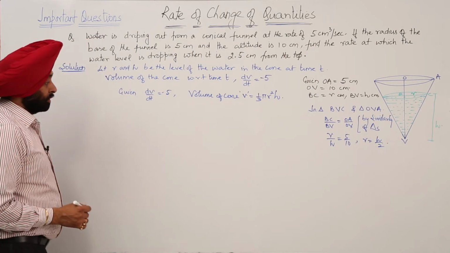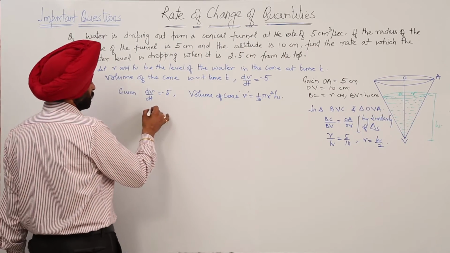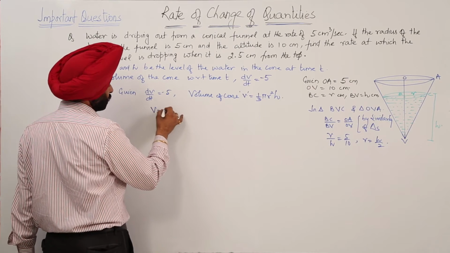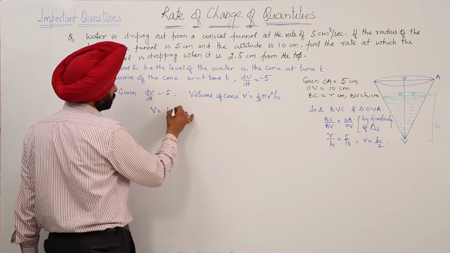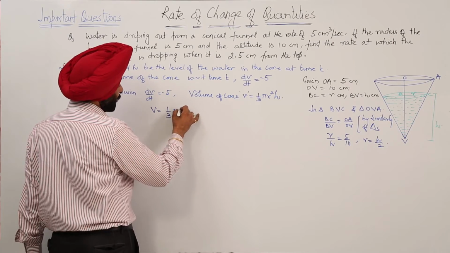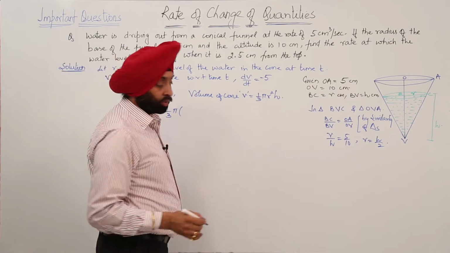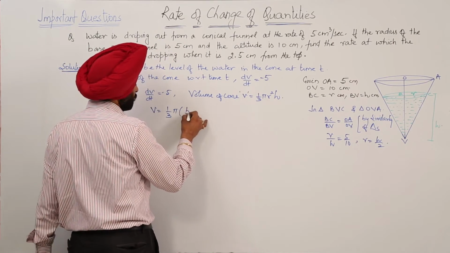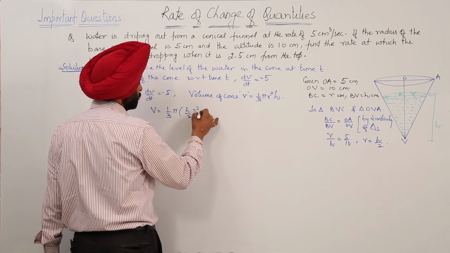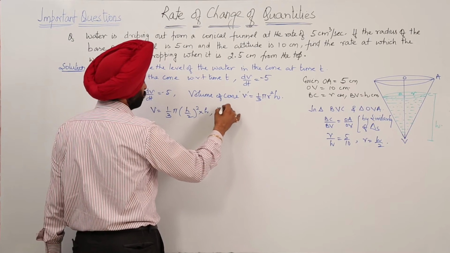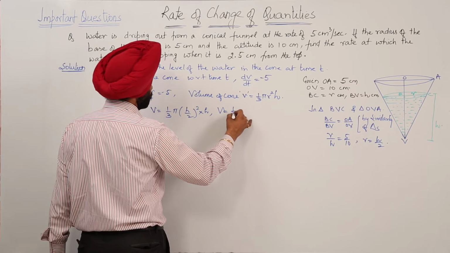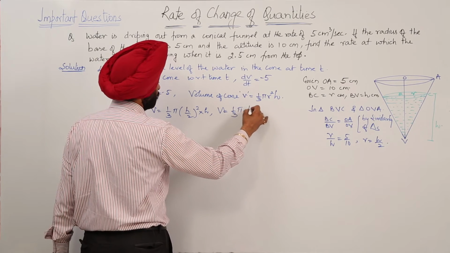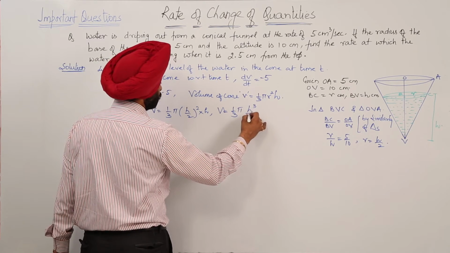Is it clear? So now we are having V, volume of a cone, is 1 upon 3 pi R square. R in place of that we can write H by 2 whole square into H. So we have V is equal to 1 upon 3 pi H cube upon 4.